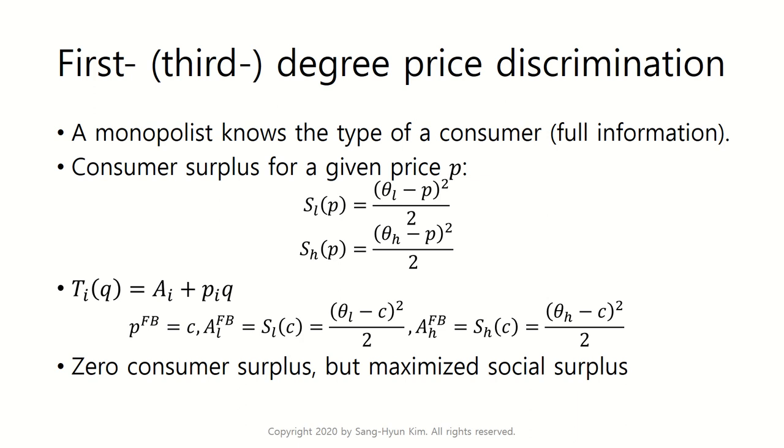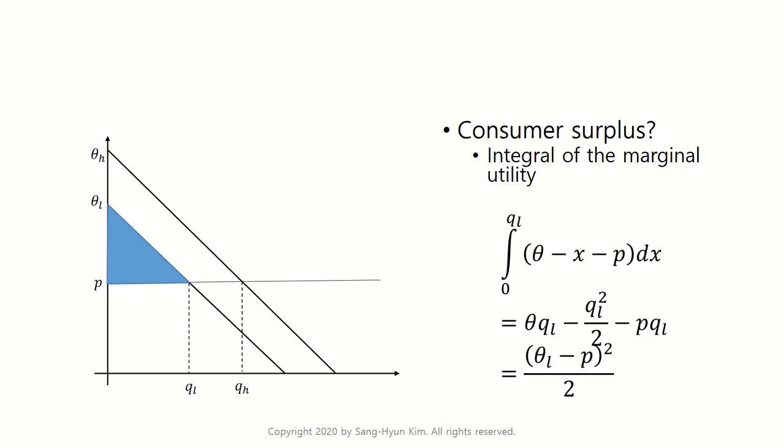We assume a monopolist, the seller, knows the type of consumer, so it's like a full information benchmark. In this case, consumer surplus for a given price P can be written like this. Let's denote the consumer surplus by S. SL is the consumer surplus of the L-type consumer, which is the area of the blue triangle we just saw: theta L minus P squared over 2.